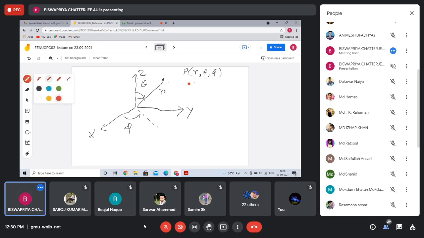This is the R, so this must be the positive direction of R, a R cap. Now this is the theta direction along this way, so this must be the theta direction, a theta cap.